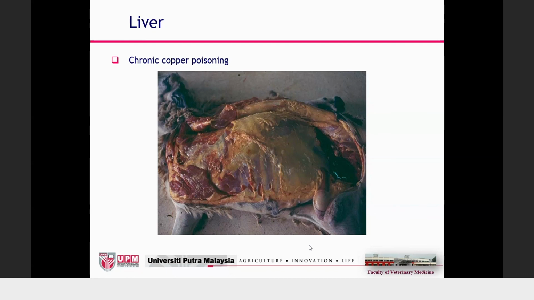I am telling you the pathogenesis, how jaundice develops as a result of copper poisoning, how hepatic necrosis occurs as a result of copper poisoning, and the mechanism of hemolytic crisis and hemoglobinuria, hemoglobin in the urine, as a result of chronic copper poisoning. That is the mechanism of development of the lesions.